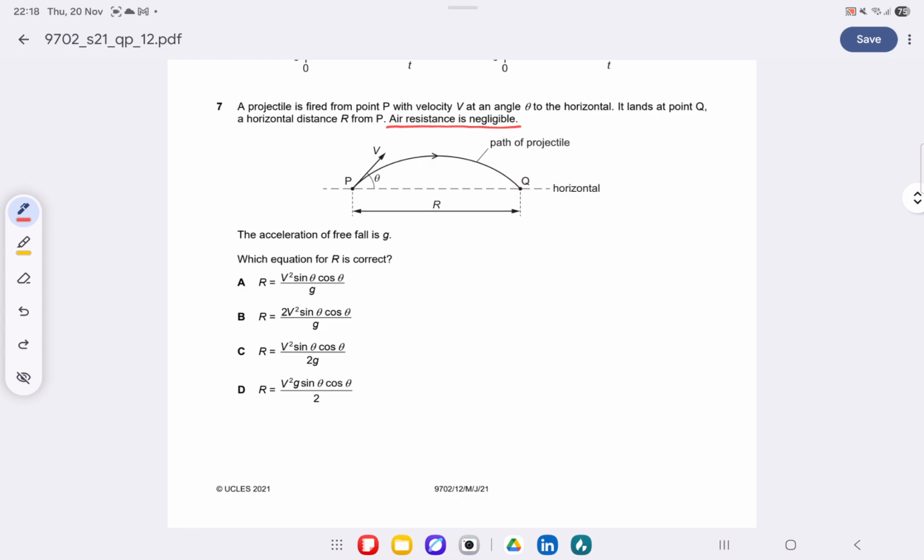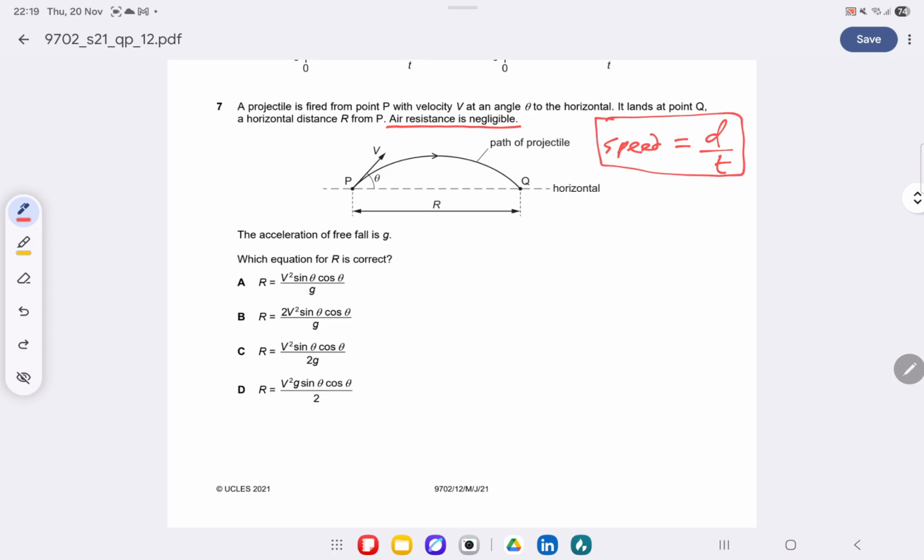So normally in the horizontal direction, the only formula that we use is velocity equals displacement over time. So your speed is equal to your distance over your time.